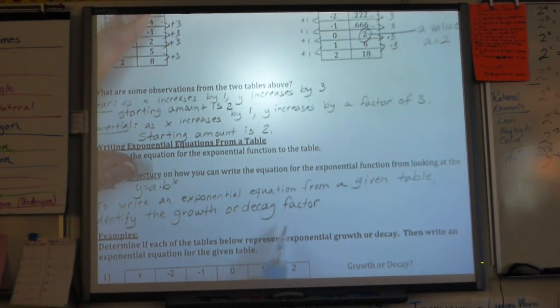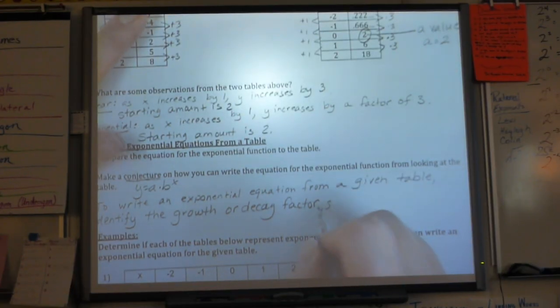Identify the growth or decay factor. Substitute this in for B.